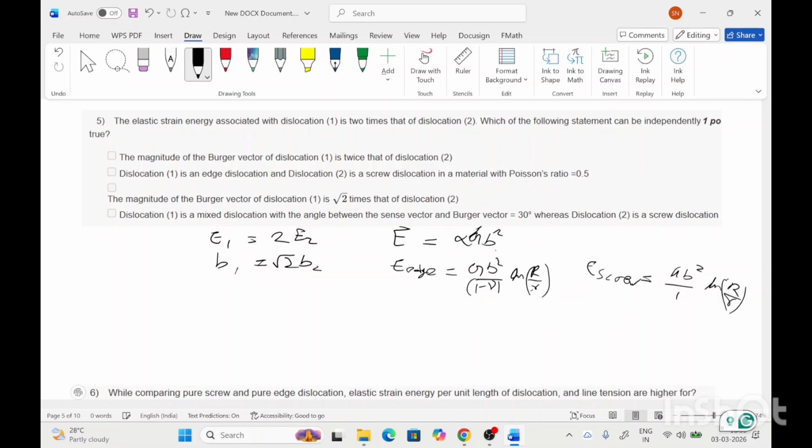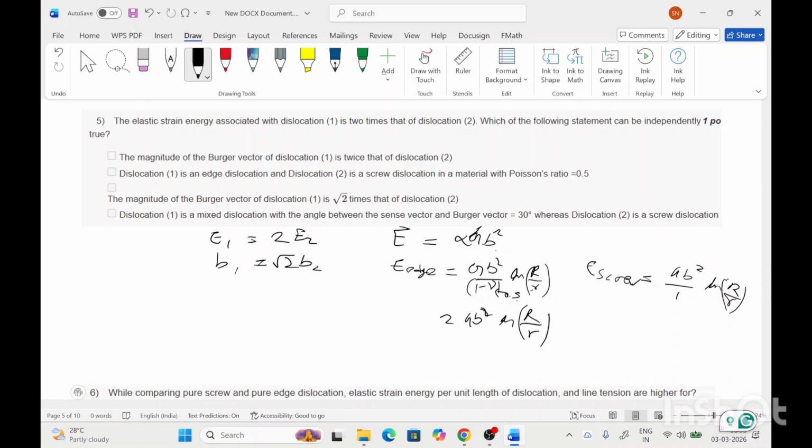So if we put Poisson's ratio as 0.5, 1 minus 0.5 will give 0.5 in the denominator, and on the upper side we will take 2 ln of R by r naught.